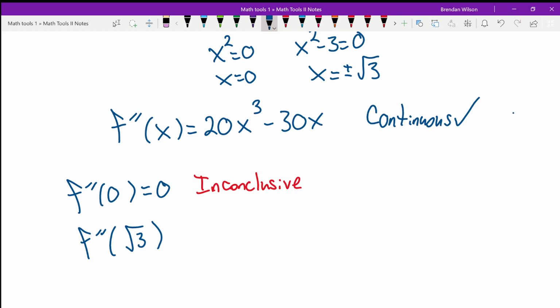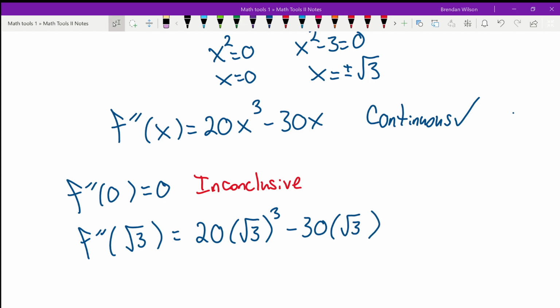So let's look at the square root of 3. So we'll get 20 times the square root of 3 cubed minus 30 times the square root of 3. Now, at this point, it could be a little tricky to actually do this if you're not using a calculator. So we only really care if it's positive or negative.